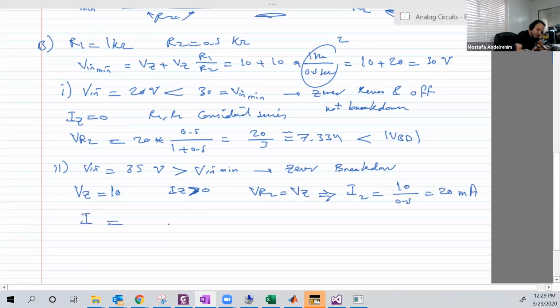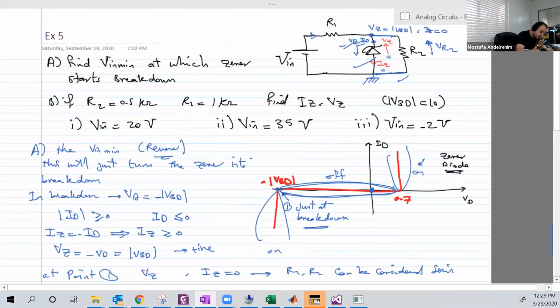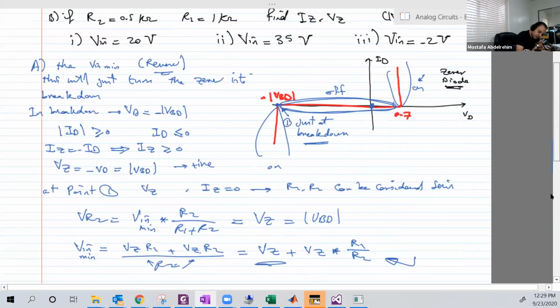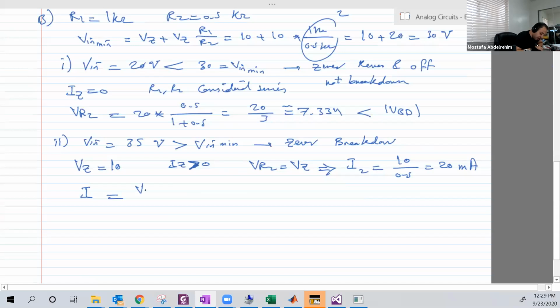I, which is flowing in R1, is basically equal to Vin minus Vz over R1, 35 minus 10 over 1 kilo ohm, I'm sorry, this is 25 milliamps. But I equals IZ, the moment of truth now, plus I2.